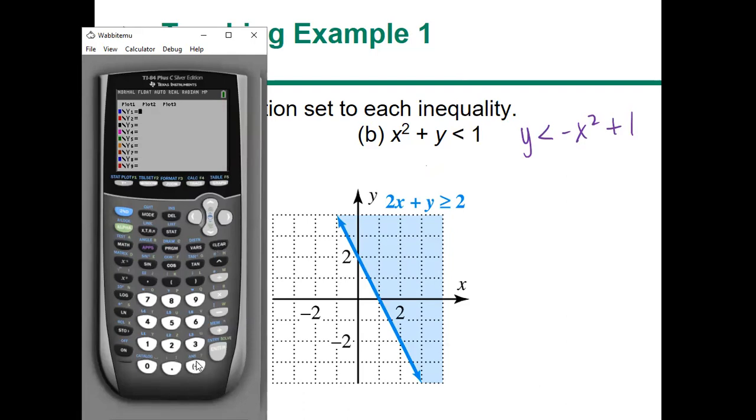I'm going to put in negative x squared plus 1. I'm going to arrow over to my line to change it because I need it to be less than. This time I'm going to make sure the triangles are in the bottom, hit OK. Yes, I'm sure. And now when I go graph, it's going to graph my quadratic with the shaded region.